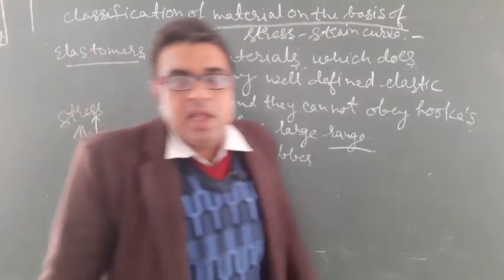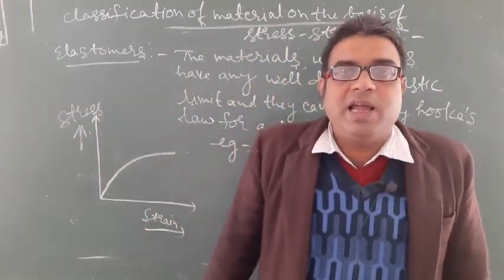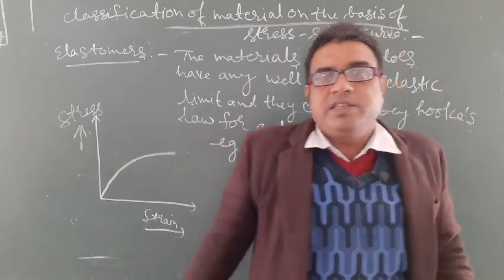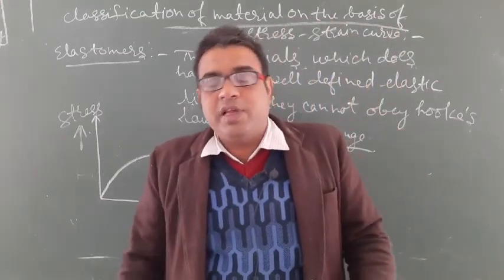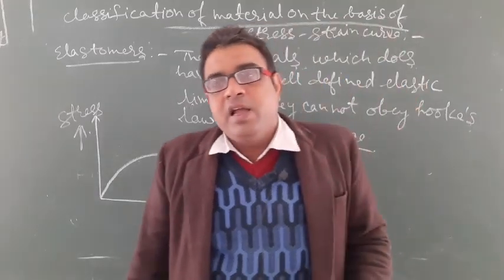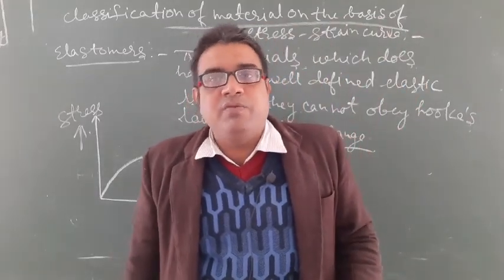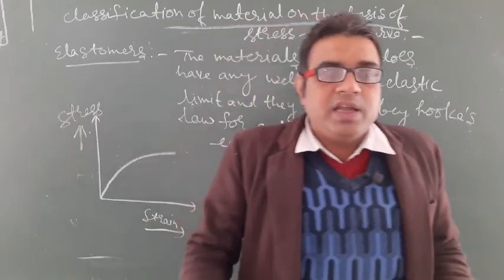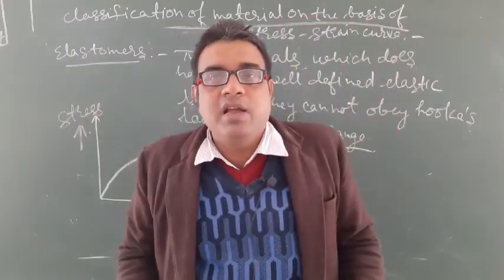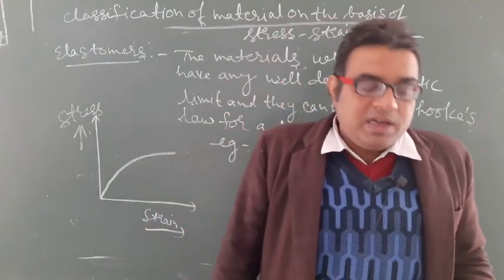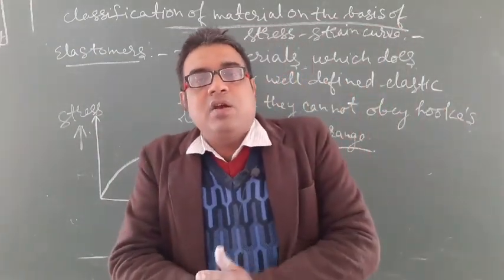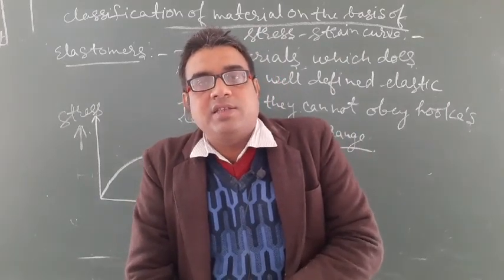As students, you know that in the case of rubber, in the initial stage when you apply force, the elongation will be large, but after it has been elongated, if the same amount of force is applied, the elongation will not be proportional to that which you initially had. So that is called elastomers, and rubber does not obey Hooke's law for a large range.